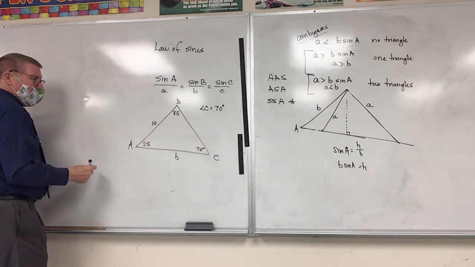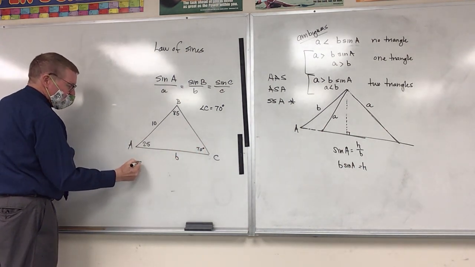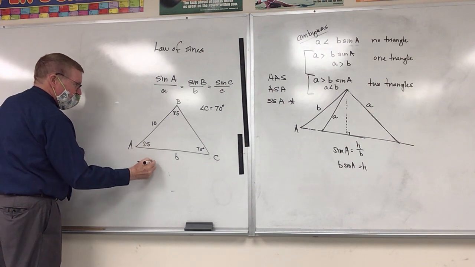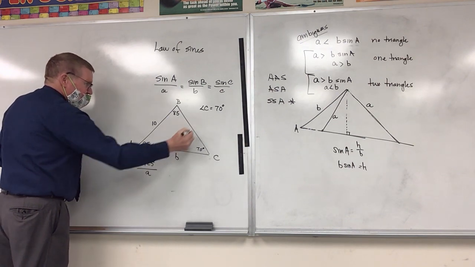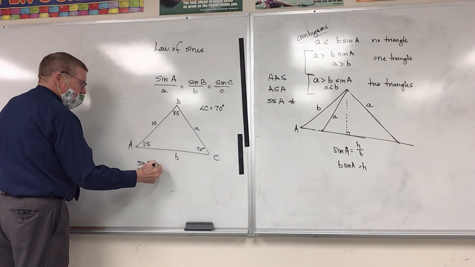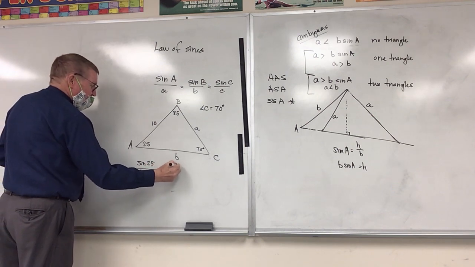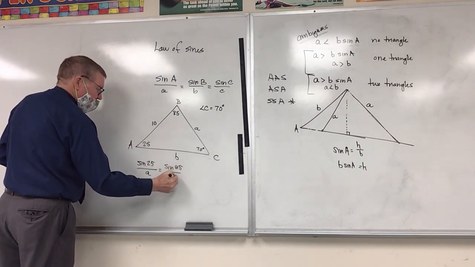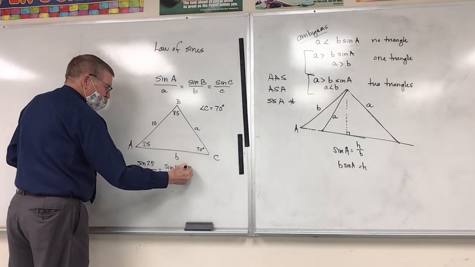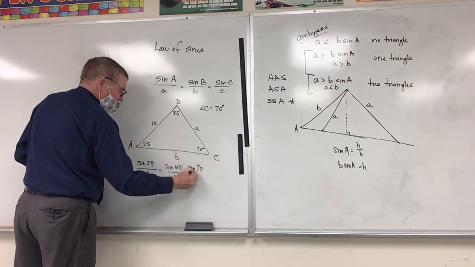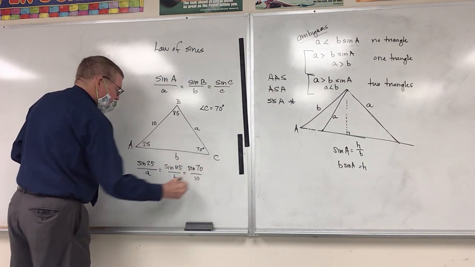So now we can set up our proportions. Sine of 25 is to A, so this is A. Sine of 85 is to B, as sine of 70 is to 10.